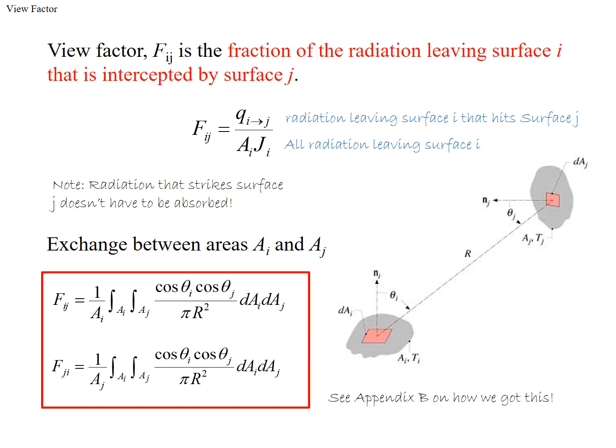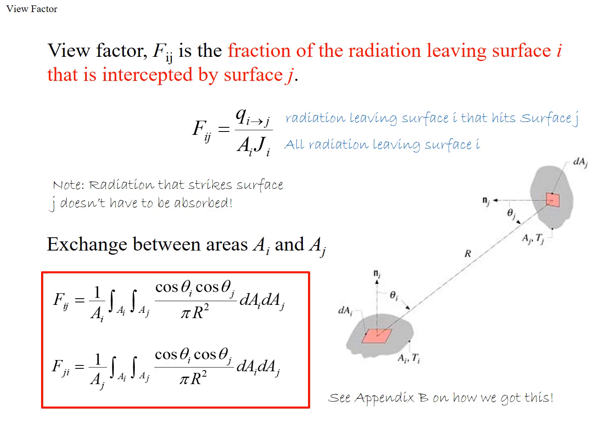If you were to write the same ratio for F_ji, it would be a little bit different. Be careful with how the i and j are written. When you say ij, that means from i to j. Now, the exchange between areas A_i and A_j, as I said, F_ij and F_ji are actually different, and the relationships for them are given to you here. We can derive these two relations based on the knowledge that we have from the previous chapter.